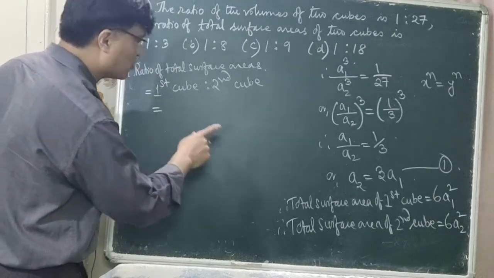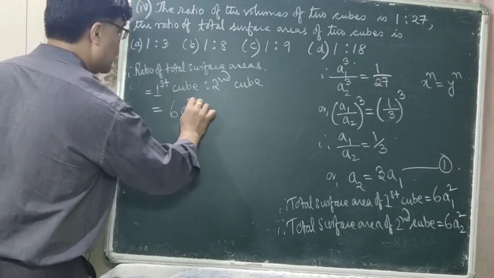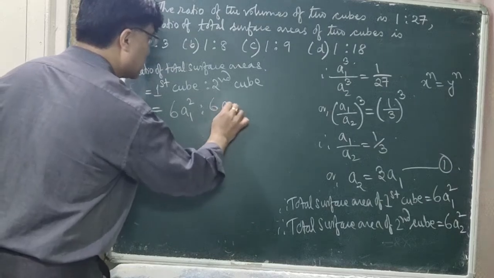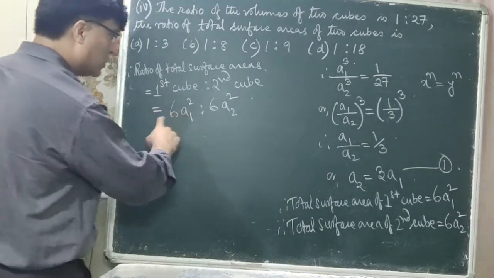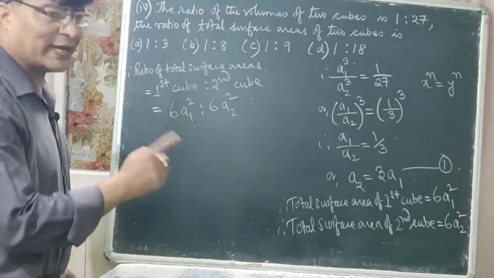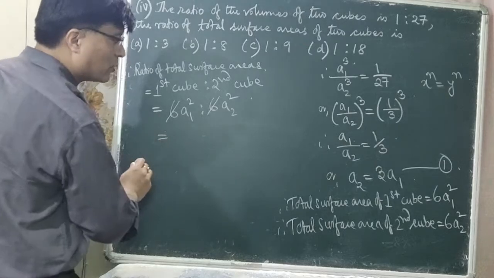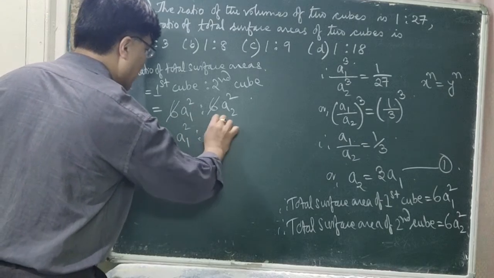What is the total surface area of the first cube? It was 6A1 square is to second cube is, it is 6A2 square, right? From both sides here, you can cancel the similar terms. You can cancel this 6, which is equal to A1 square is to A2 square.